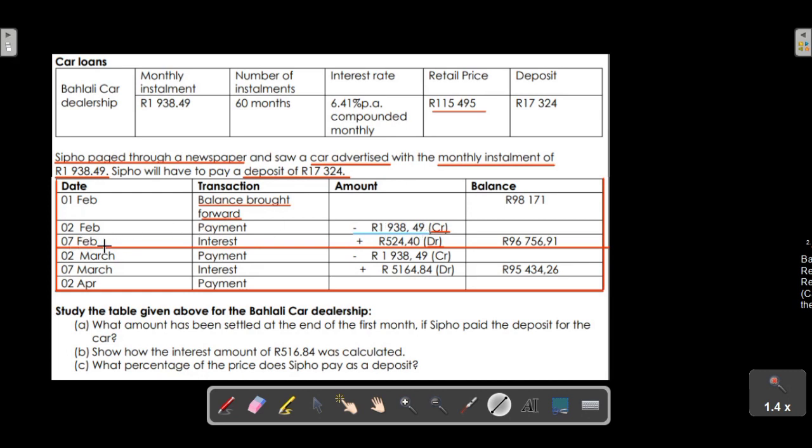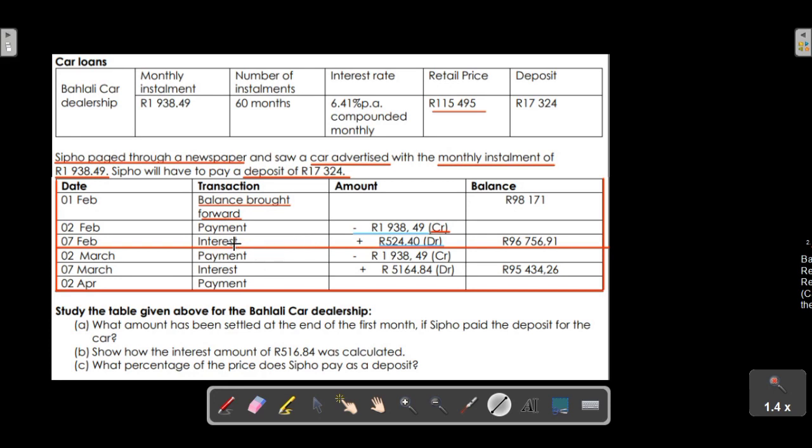And then on the 7th of February, interest was charged, an interest of 524.40 rands. This is debit. This amount is being charged to him by the bank.